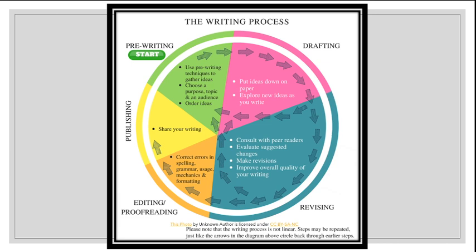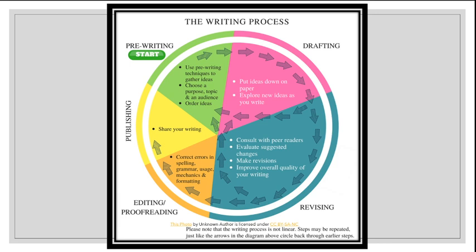The next step is usually revising, which usually consists of consulting with peer readers, your friends or your teacher, so that they tell you if there are any content changes that you should make. Then you should evaluate those changes and make whatever revisions are necessary, and that will improve the quality of your writing.